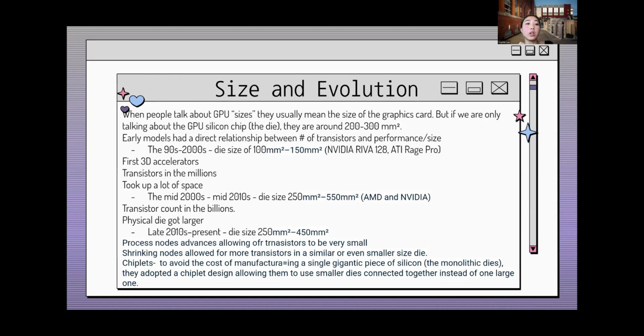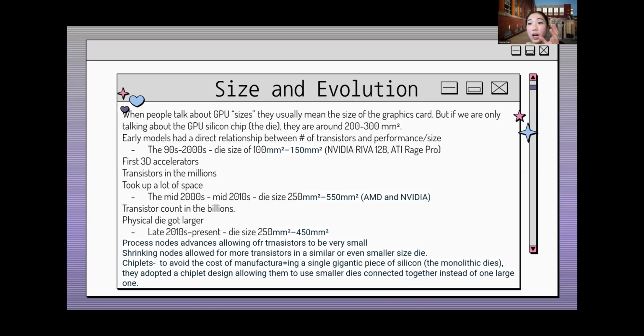So we can talk about the early models. The early models had a direct relationship between the amount of transistors and the size that they were inside the computer. So in the late 90s, 2000s, the die, the actual face of the chip, is about 100 to 150 millimeters squared.